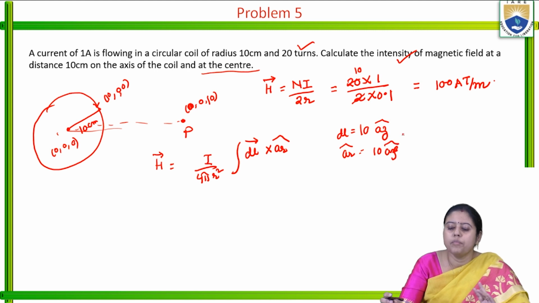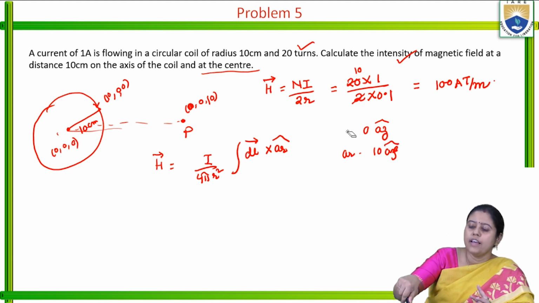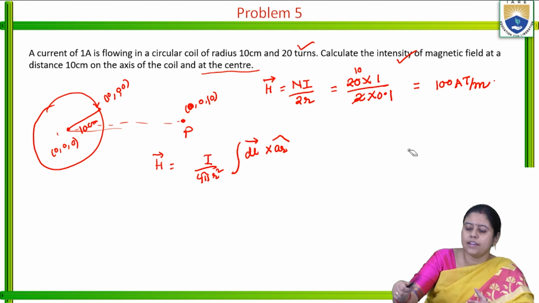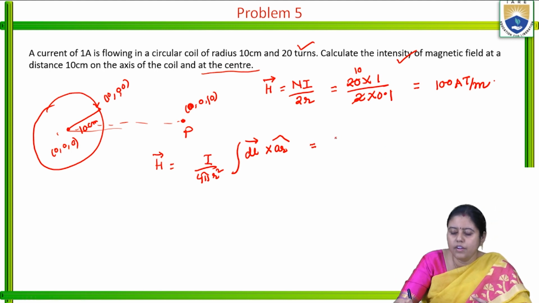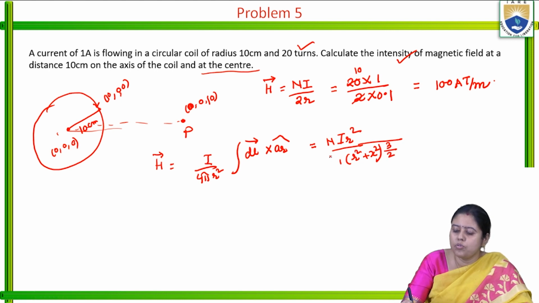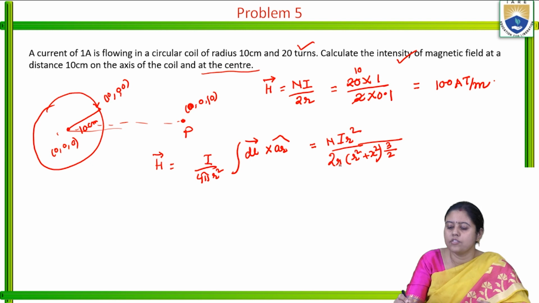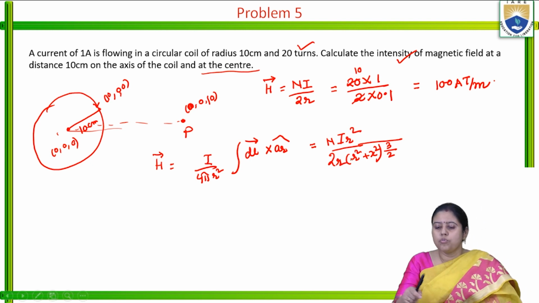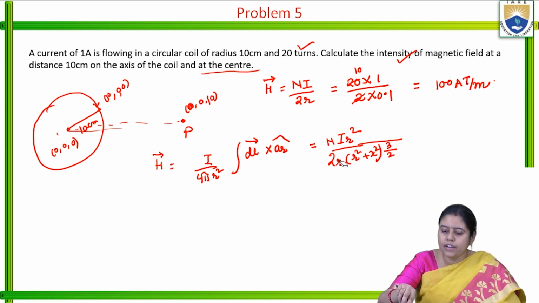So if we solve this by doing the cross product, the value will come like I r square N by 2 into r square plus x square to the power 3 by 2.